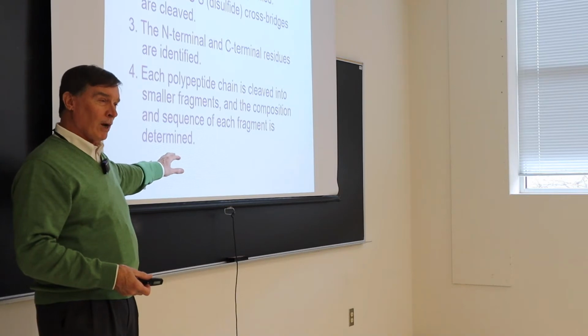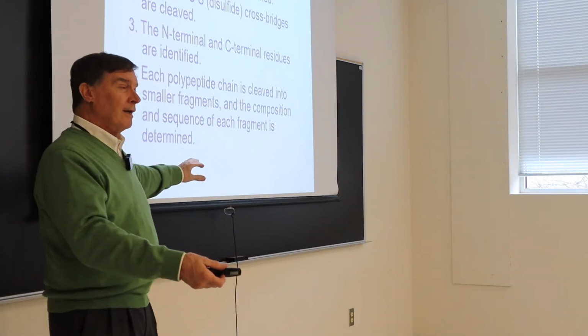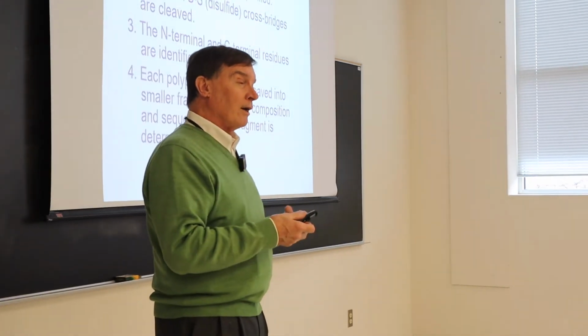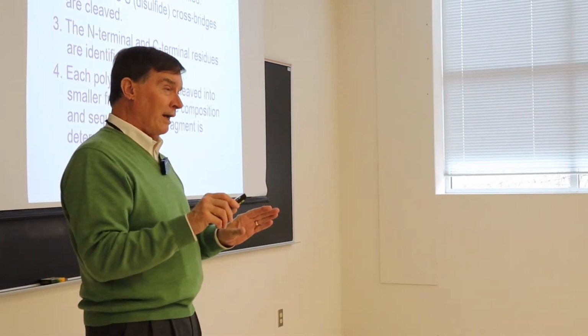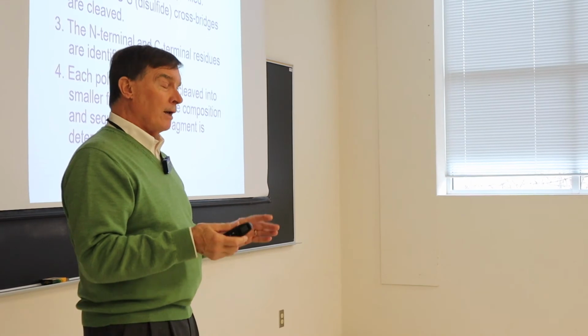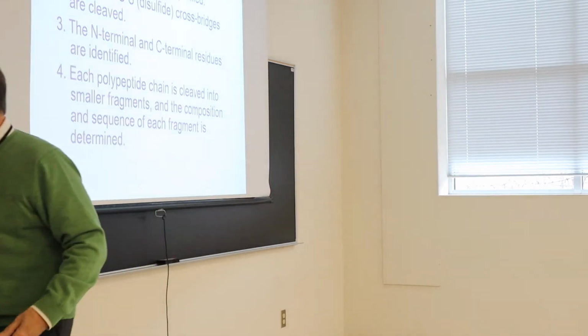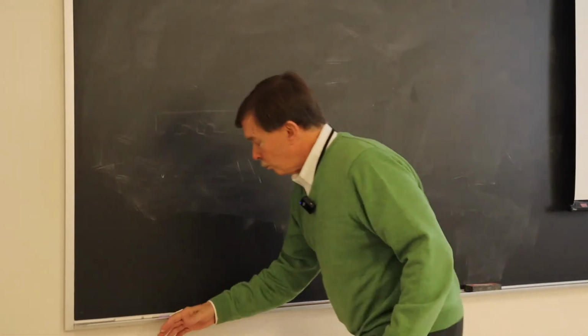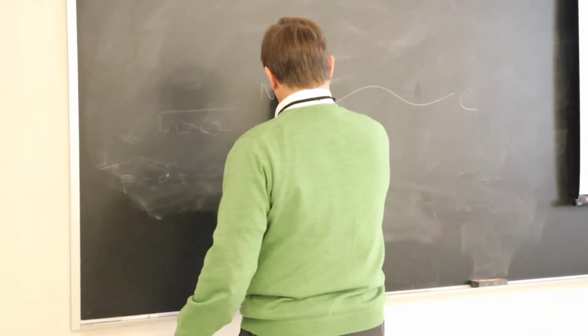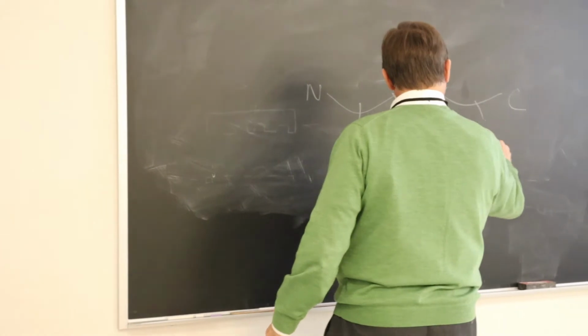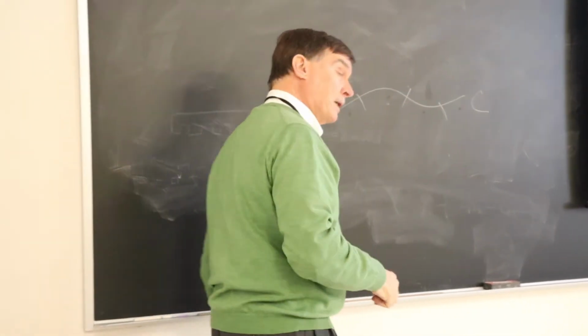What's the Humpty Dumpty problem? Humpty Dumpty fell off the wall and had a great fall and ended up in a whole bunch of pieces, and then trying to figure out where to put the pieces to put him back together is the hard part. If you have multiple segments in a protein, let's say your protein looks like this. There's the C-terminus, there's the N-terminus, and you chop it into 1, 2, 3, 4, 5 pieces.